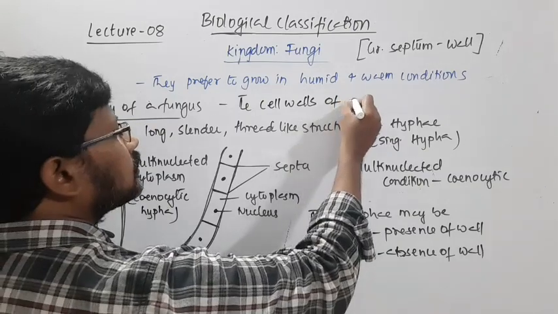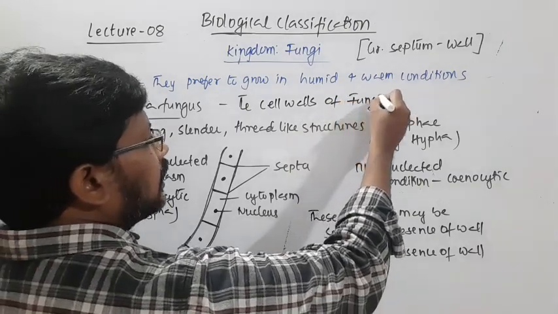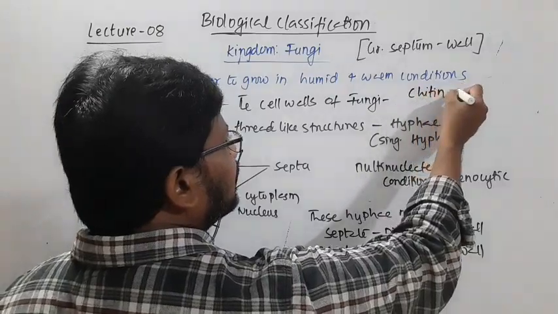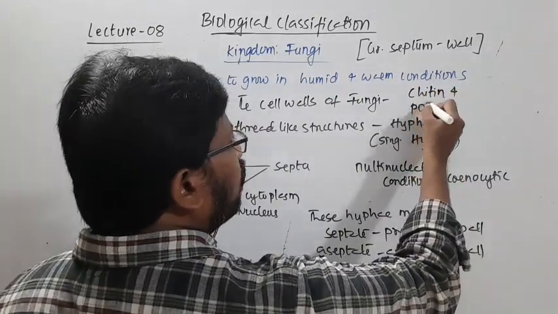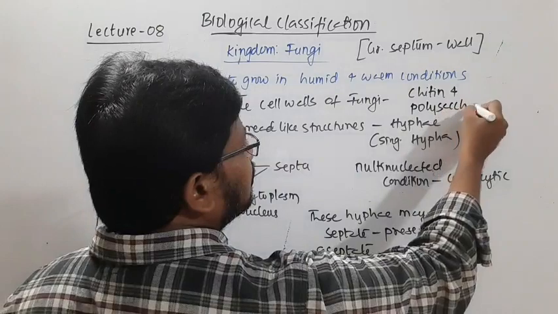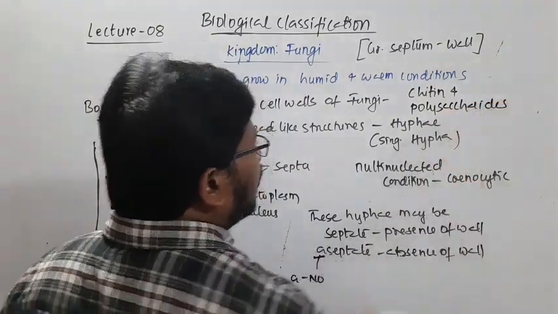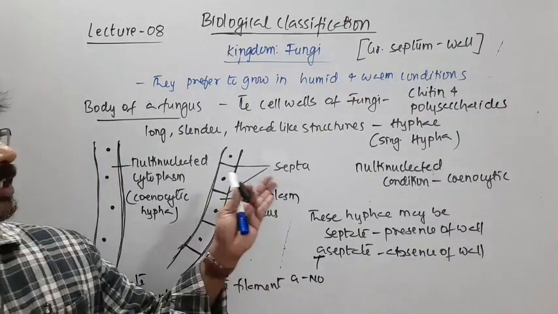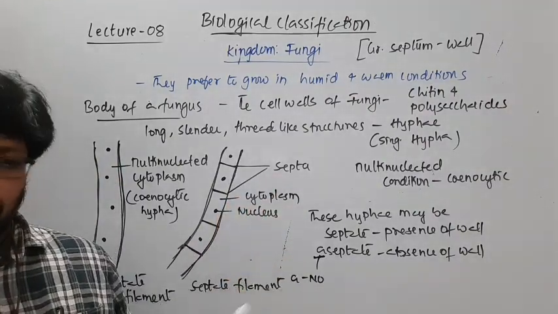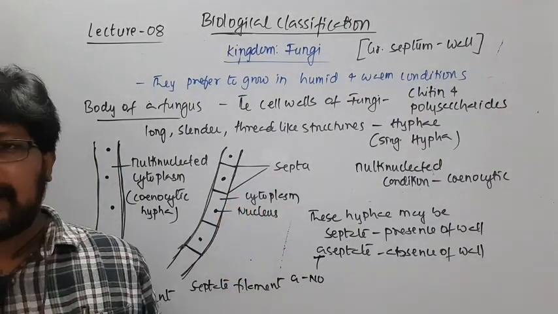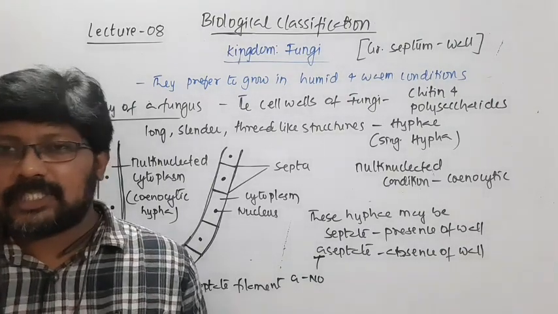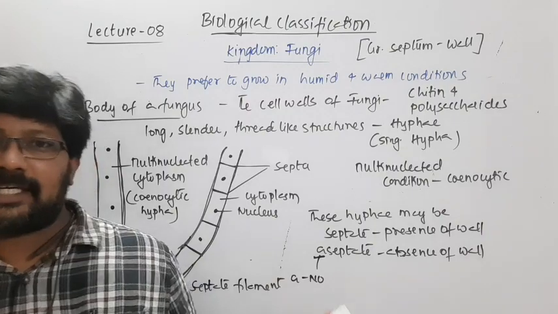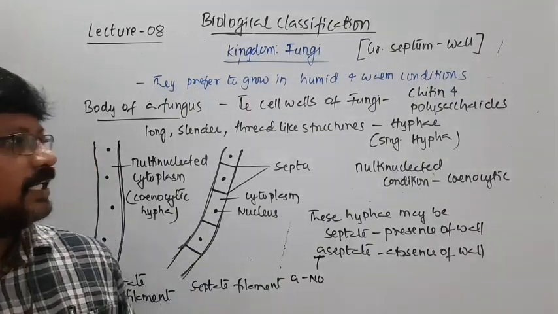Next, the cell walls of fungi are made up of substances called chitin and polysaccharides. Even if you don't understand what these polysaccharides are, we will study them in detail in a chapter called biomolecules, along with proteins and fats.